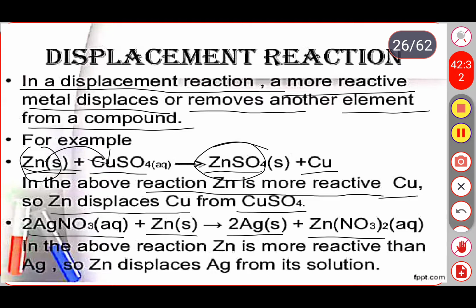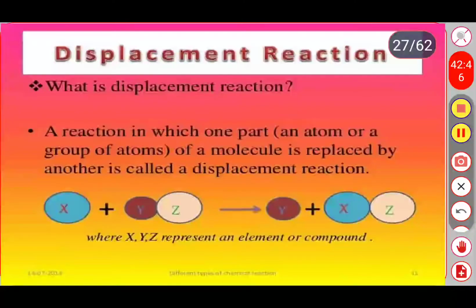Here we have some more information about the displacement reaction. A reaction in which one part, or one atom or group of atoms of the molecule, is replaced by another is called a displacement reaction.